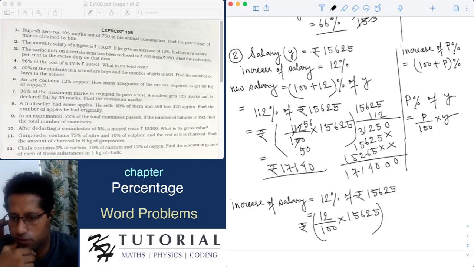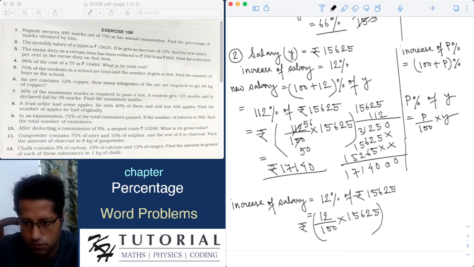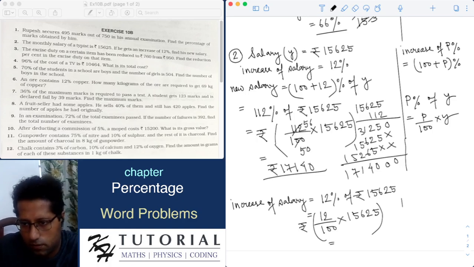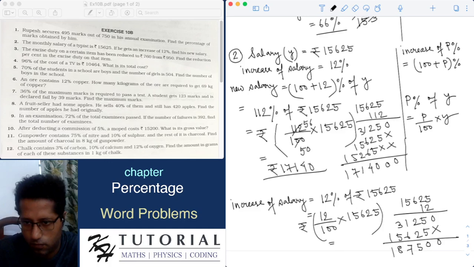Now you have to compute this. Okay, let's do it anyway. 15625 multiplied by 12. This is 10, 5, 12, 11, 3, and this is 5, 2, 6, 5, 1, 0, 0, 5, 7, 8, 1.